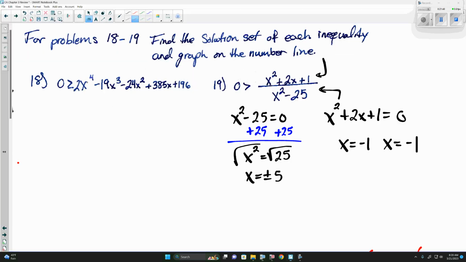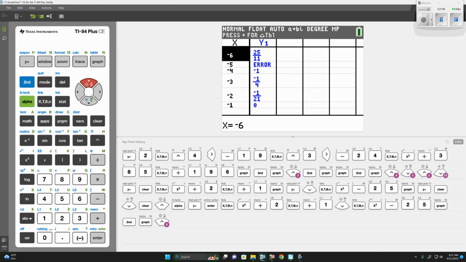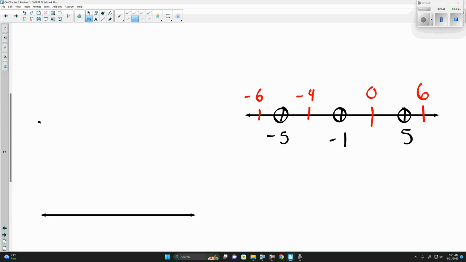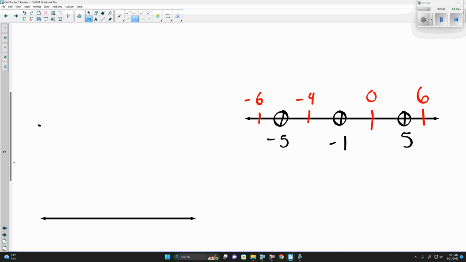Now our first value that we're testing, I believe, is -6. And at -6, we get 25/11ths. So is 25/11ths less than 0? No.